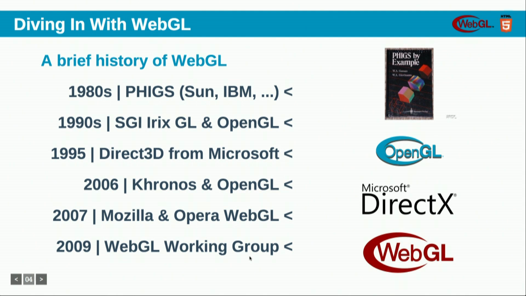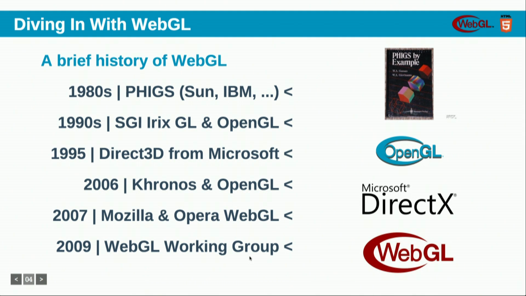Really back in the 80s, it was a different graphics library called Figs, and it was Sun and IBM and DEC and HP. All those guys had flavors of Figs, and I remember from my university computer graphics course, we were coding in Figs and doing little object model viewers.